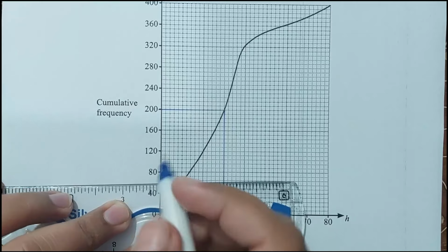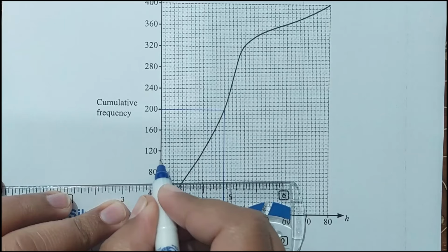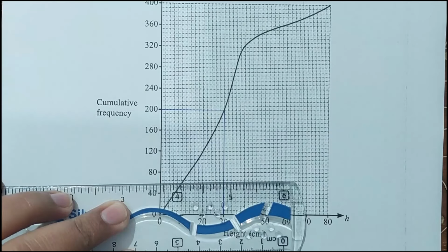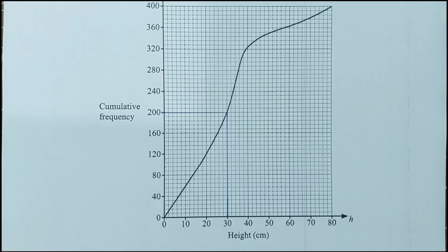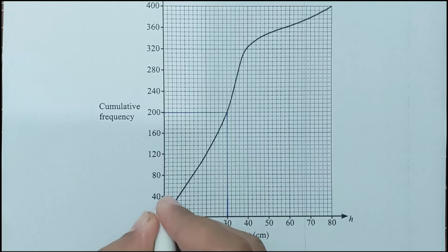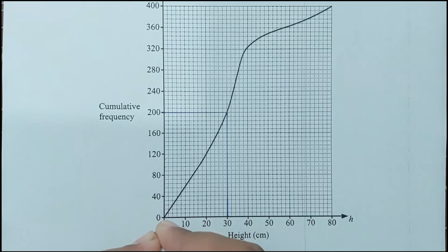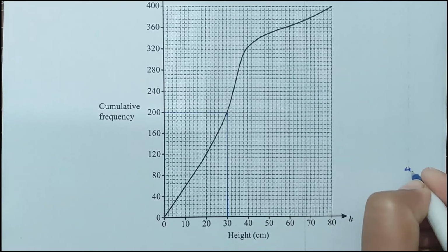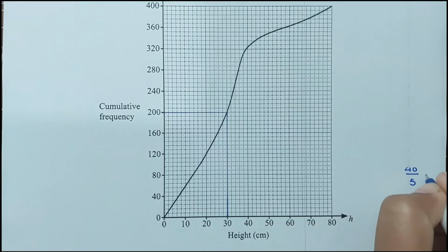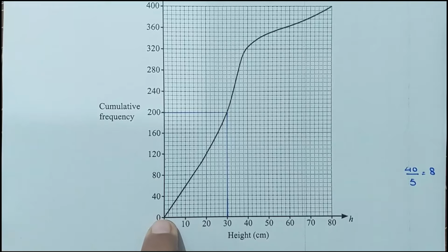So where is 100? We have 80, then 1, 2, 3, 4, and 5 blocks, 90, 100, and 110. So these 5 blocks are basically for 40, right? And 40 divided by the 5 blocks means each block is 8. So we have to add 8 in each block.